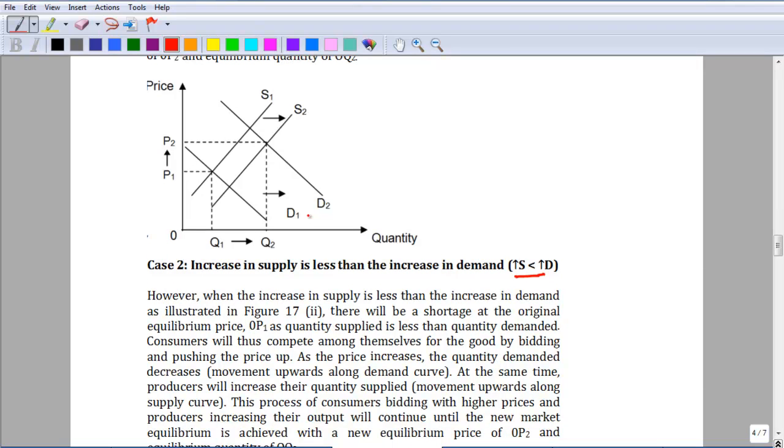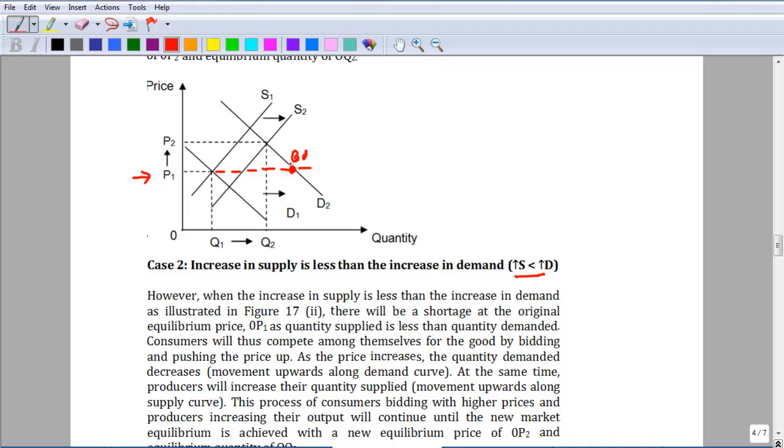Now at the original equilibrium price of OP1, again, you could actually draw or extend the price line across so that it's easier for you to see. Okay, identify the quantity demanded at the price of P1, which must be on your new demand curve, which is here. Okay, so you can draw it down to your horizontal axis and it will represent a certain amount of quantity.